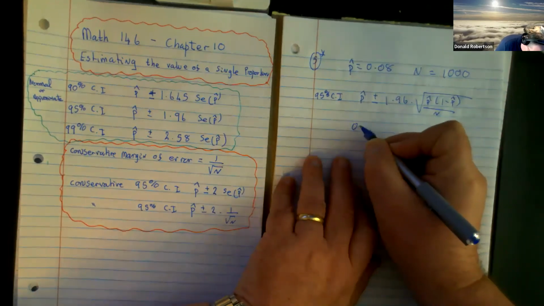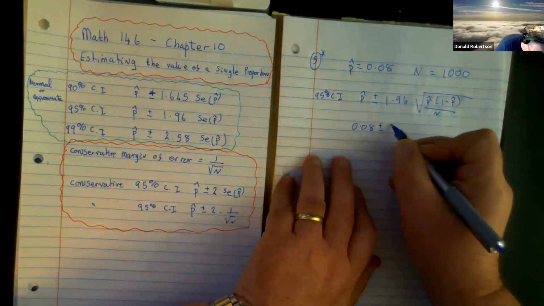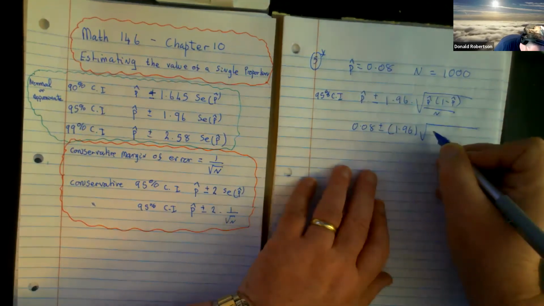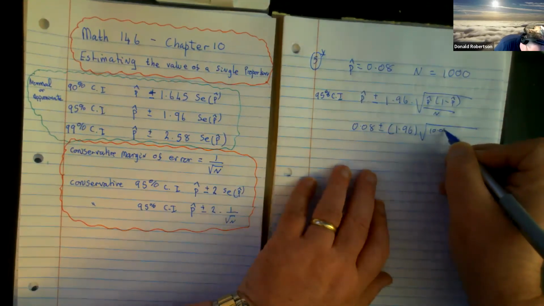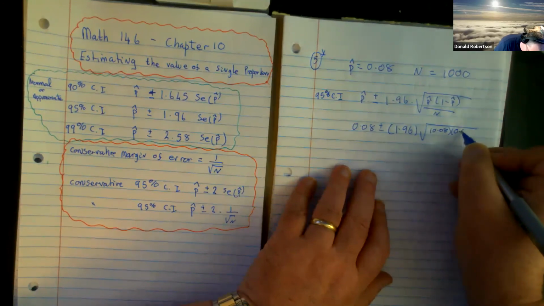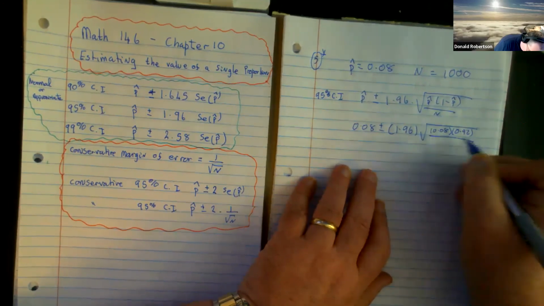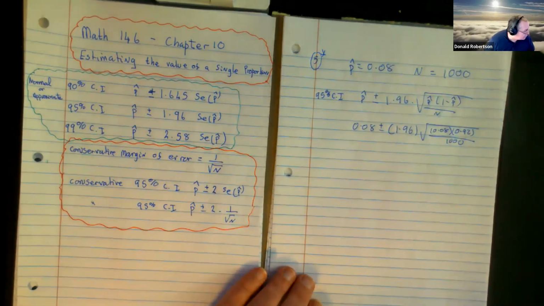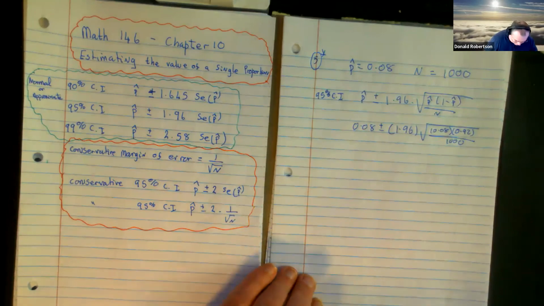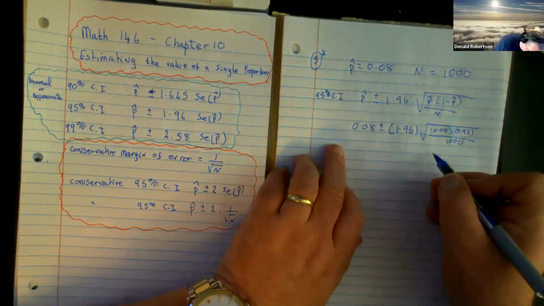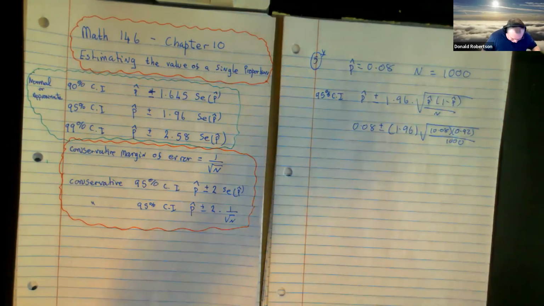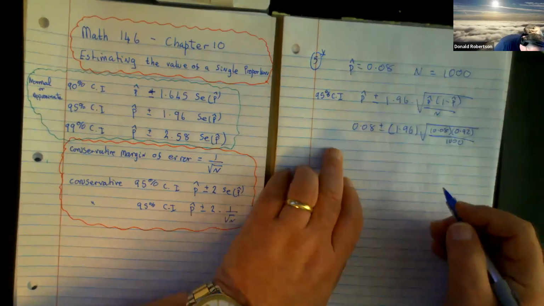And there's my 8%, there's my 1.96, and it's going to be 8% with a 92% over 1,000. And what do they want the answer to be? Okay, we're good. 3 decimal places, or 1 decimal place in percentage, but 3 decimal places is what we're after.